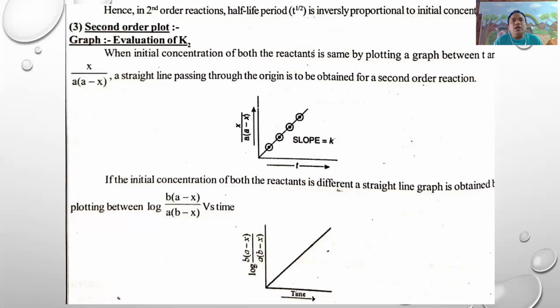From the above relations for zero, first and second order, the nth order half-life period Tn is inversely proportional to a to the power of n minus 1. That is, the nth order half-life period is inversely proportional to the initial concentration of the reactants raised to the power n minus 1.